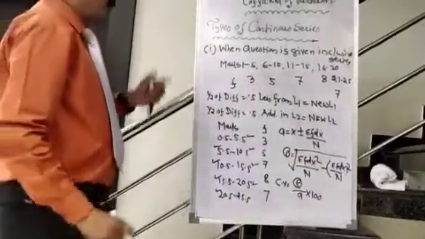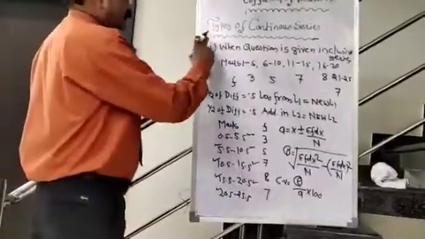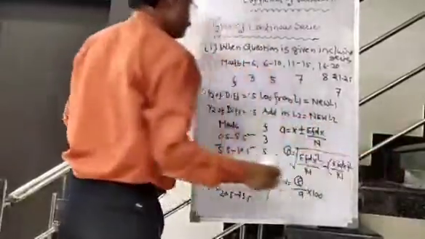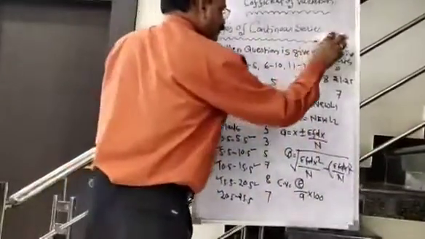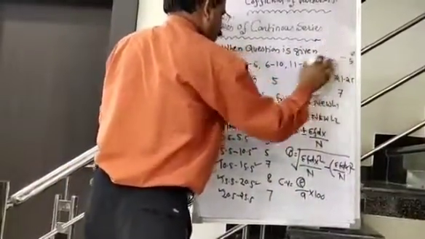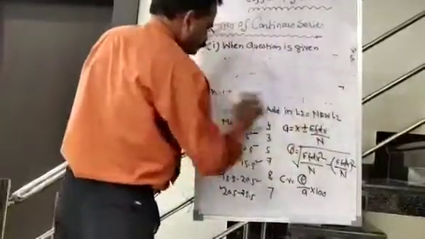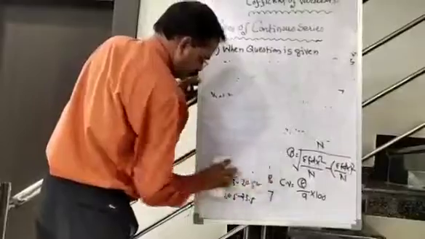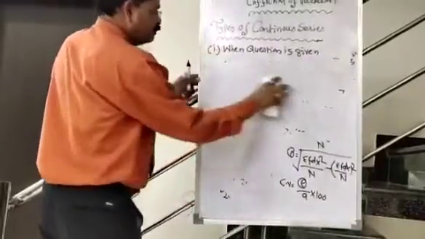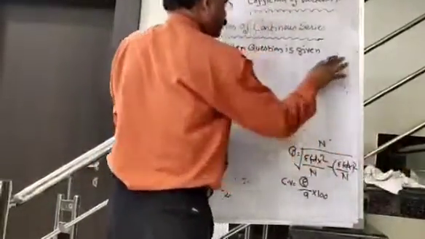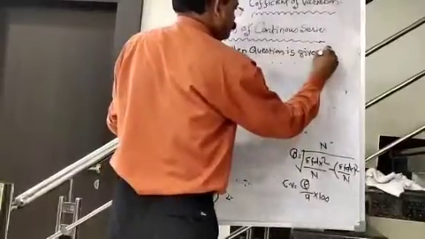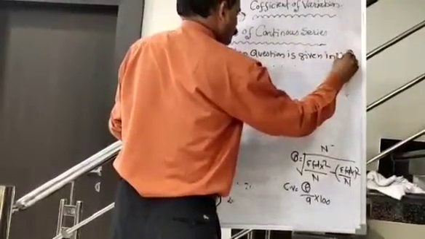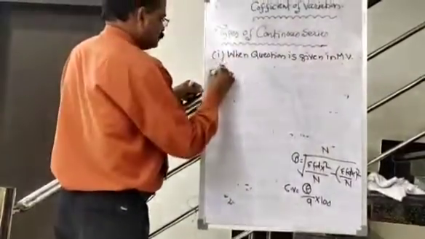After that, second method is the second type of continuous series when question is given in mid value. In the condition of mid value, for example, marks.